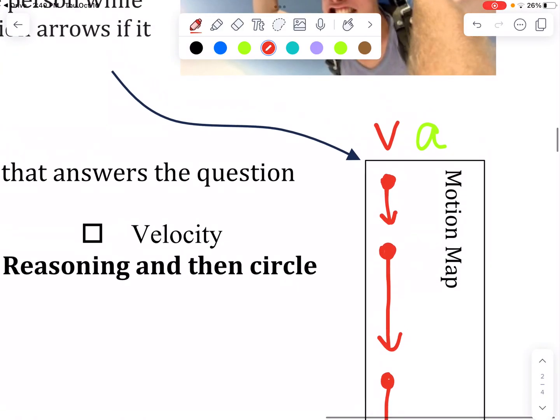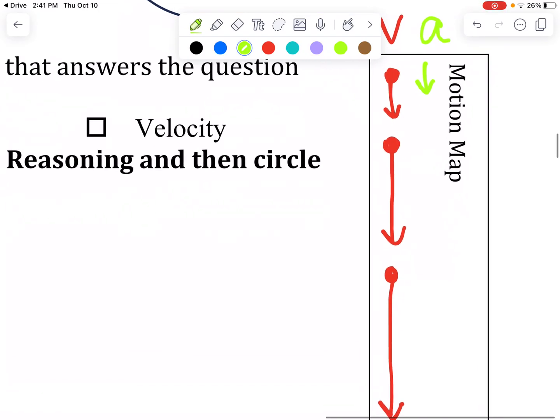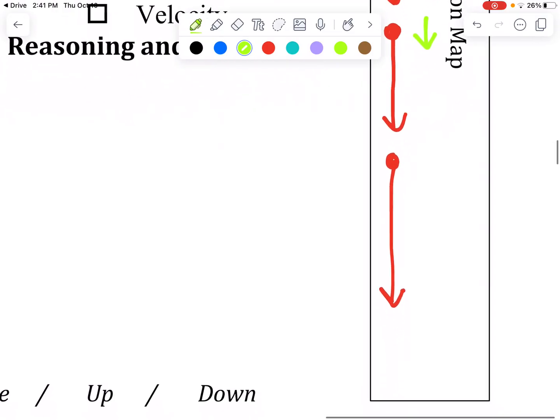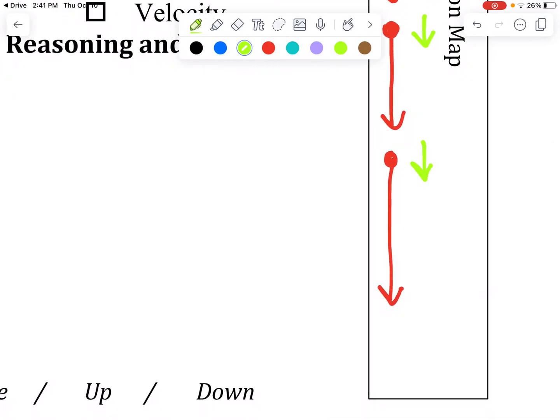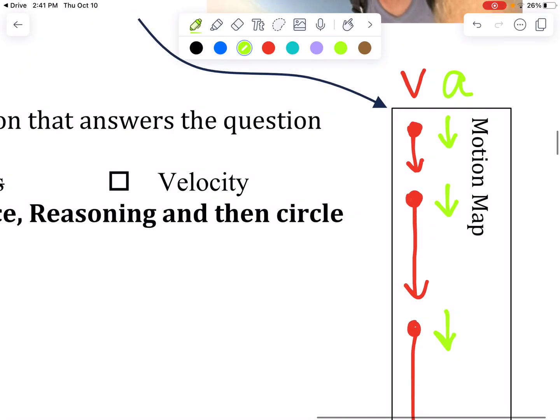And the acceleration always tells me what the change in velocity is going to be. So to get from the first arrow to the second arrow, I would need to stretch the vector in this direction, downwards. Same thing, to go from the second arrow to the third one, I would need to stretch the arrow longer. And so you can tell that that acceleration is also down.